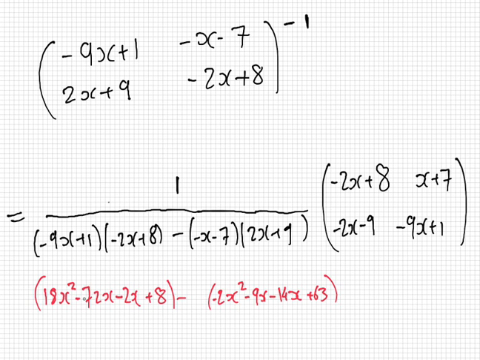When I clean that up, I get 20x squared, minus 72 minus 2 is minus 74, minus 74 plus 9 is minus 65 plus 14. Did I make a mistake? Minus 7 times plus 9, so that should be minus 63 at the end.